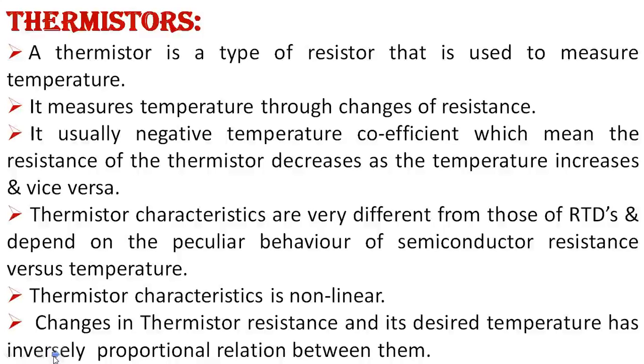Thermistor characteristics are very different from those of RTDs and depend on the peculiar behavior of semiconductor resistance versus temperature. Thermistor characteristics are non-linear. The change in thermistor resistance and the temperature have an inversely proportional relation between them.